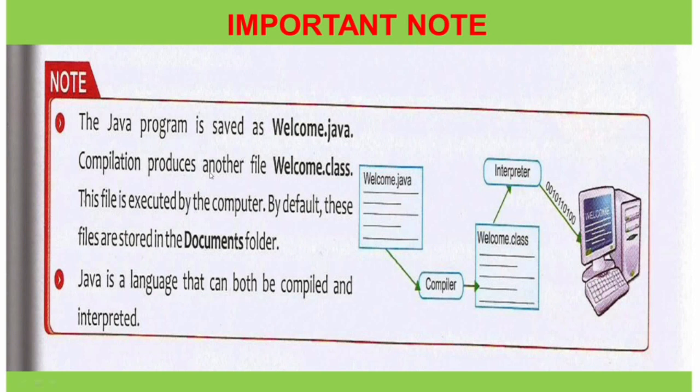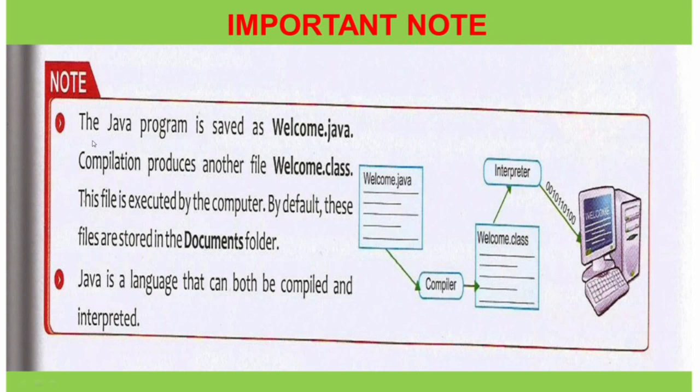This is what makes the Java language machine independent, because you can write a particular program on any machine and then run it on any other type of computer or machine. So this is a very important procedure.